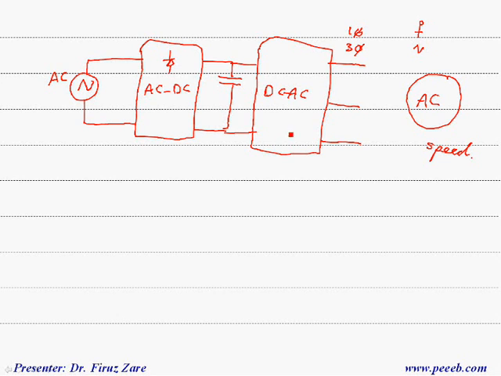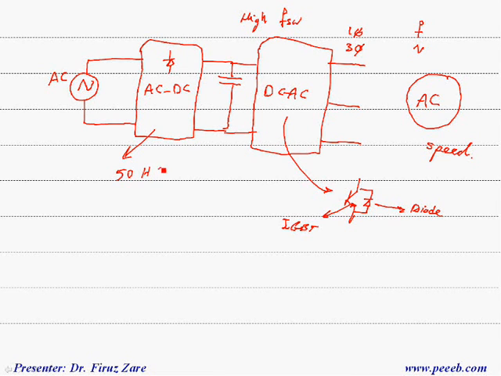So this type of converter is designed based on this type of switch. That means IGBT with the diode. This converter operates at high switching frequency, while this one operates at line frequency.